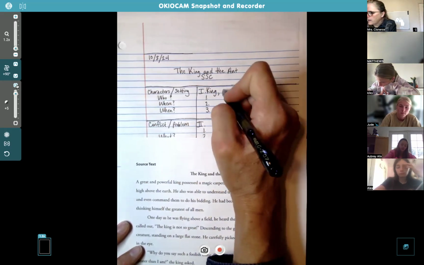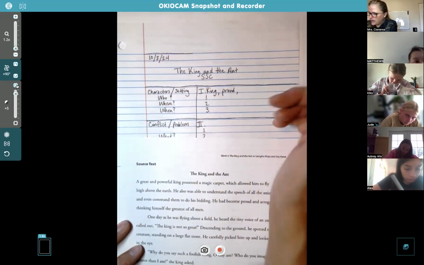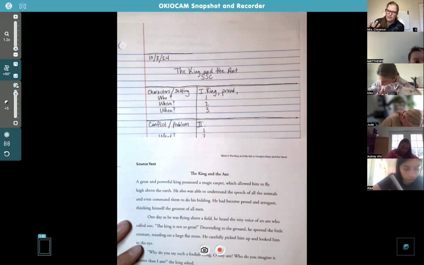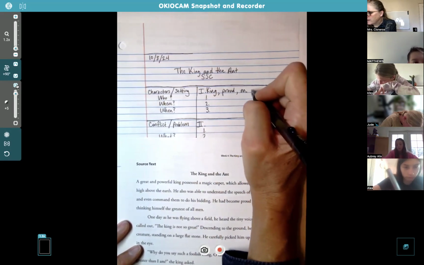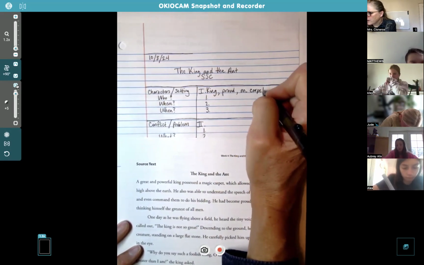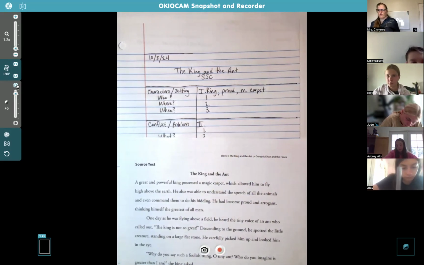So I like that word proud. And then I'm going to mention his carpet because that's how it starts out. He's coming in on this carpet. So I'm going to put M carpet so I know it's magic carpet. That way we don't use up our third word with magic. So talking about the king, he's prideful, he's proud, he's got this magic carpet.